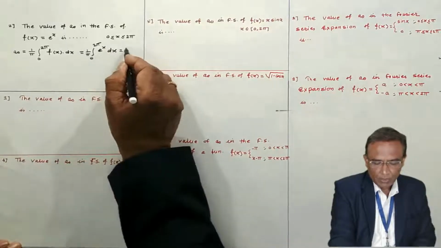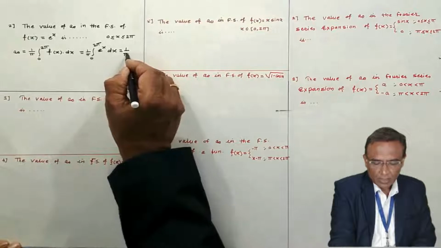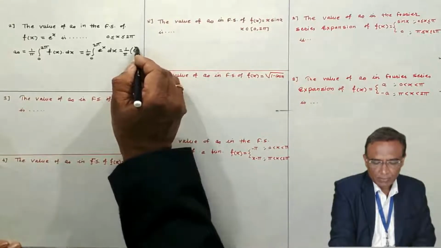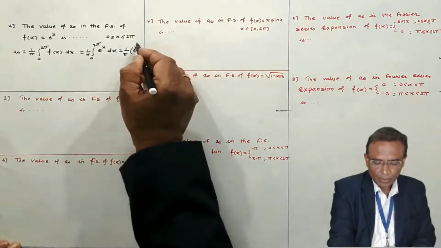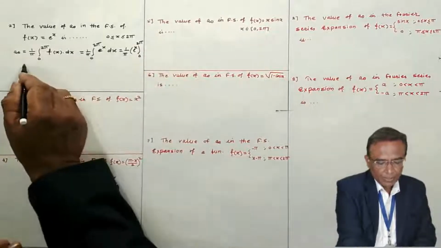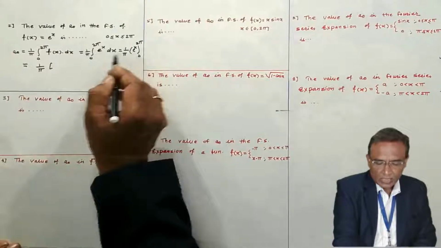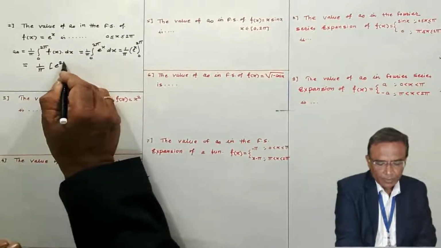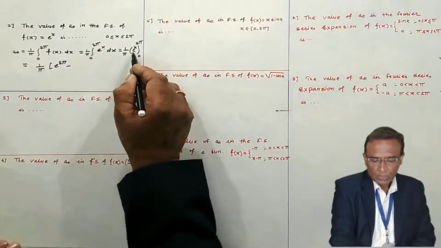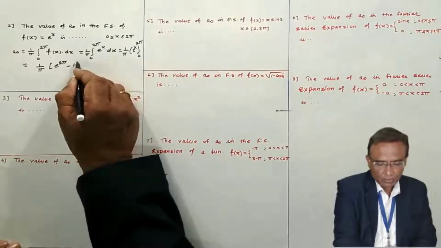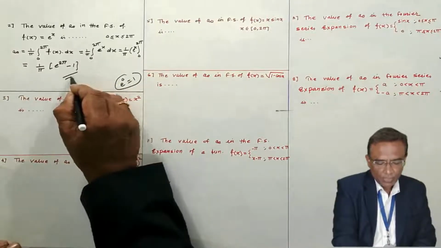Integral of e raised to power x is e to the power x, same thing, 0 to 2 pi. Put upper limit and lower limit, 1 by pi. Put x equal to 2 pi, minus e raised to power 0 is 1. Therefore, this is the value of a0.